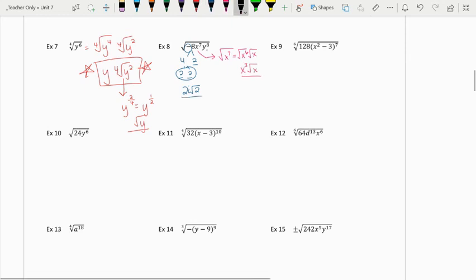And then we have y to the 8th. Well, the square root of y to the 8th is a nice number. It's just y to the 4th. So we put it all together for 2i x to the 3rd y to the 4th square root of 2x. Nope, no y. 2x.